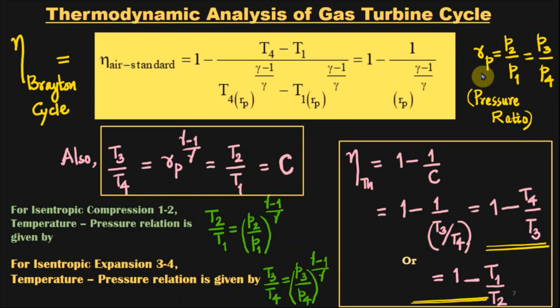We know that Rp is equal to P3 by P4, which is equal to P2 by P1. Therefore, T3 by T4 is also equal to Rp raised to gamma minus 1 by gamma. So in short, this is the expression you have to recollect in order to get an expression for the optimum pressure ratio for maximum specific work output from the ideal gas turbine cycle and also from the actual gas turbine cycle.